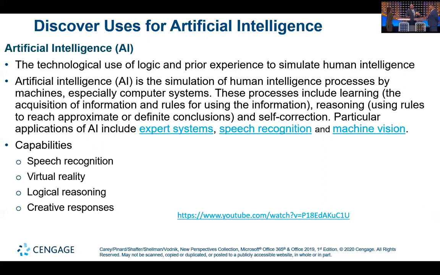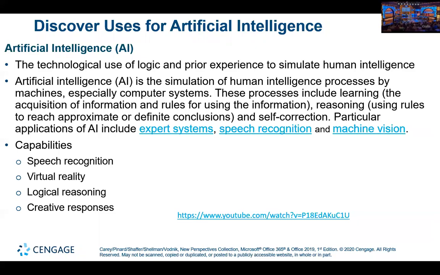These processes include learning, the acquisition of information and rules for using the information, reasoning, using the rules to reach approximate or definite conclusions, and self-correction. Particular applications of AI include expert systems, speech recognition, and machine vision.